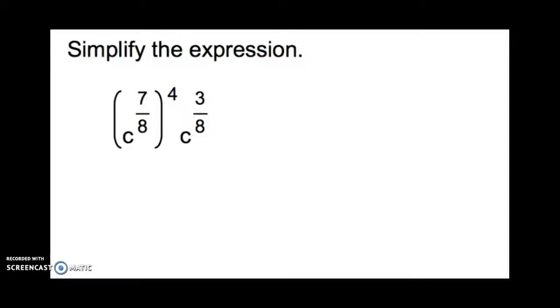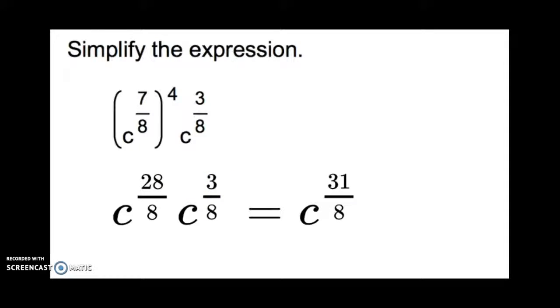So 7/8 times 4 gives me 28/8, because 7 times 4 is 28. Now notice how both of these have the same bases, so that means I add the exponents. We're lucky in this case in that both of these have the same denominator, so we just add up the numerators. 28 plus 3 is 31. So my answer is going to be c to the 31/8.